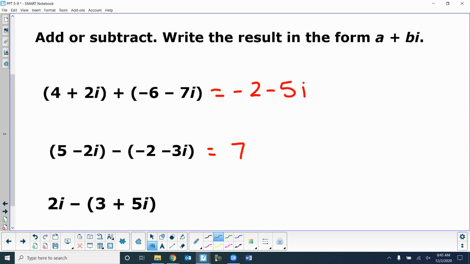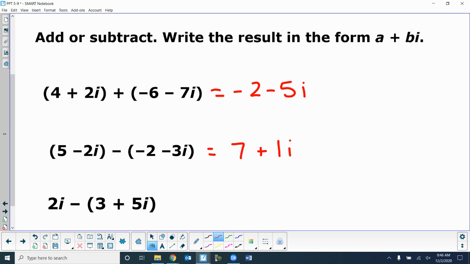Just do this part. What's minus a -3? Plus 3i. So think of -2i plus 3i. Yeah, 1i, right? Or just i. Okay? That makes sense to you guys?